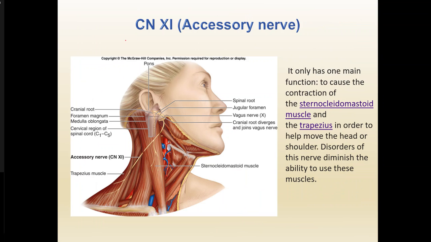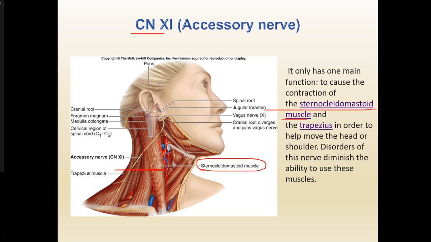Oh, sorry, we still have 2 nerves to go. So cranial nerve 11, which is the accessory nerve. It has a pretty straightforward function, which is to cause contraction of the sternocleidomastoid muscle. Remember that muscle that I made you memorize, which is a very typical muscle here in the neck area.